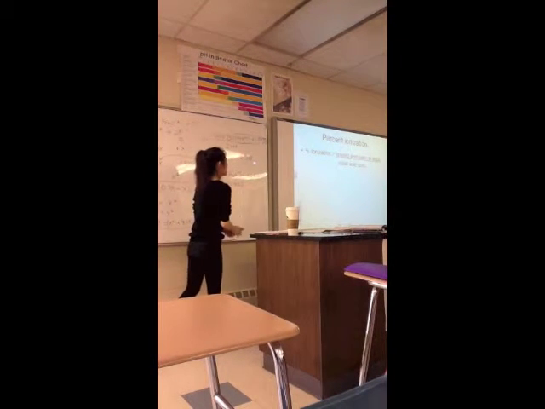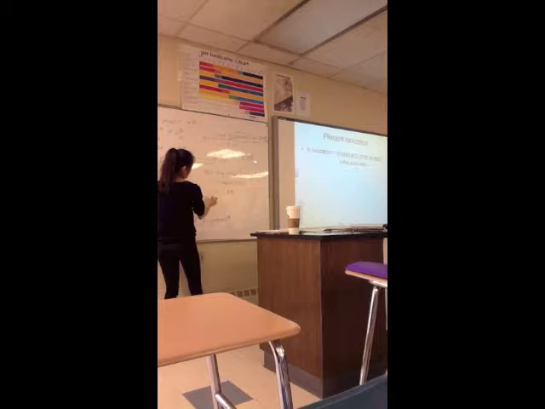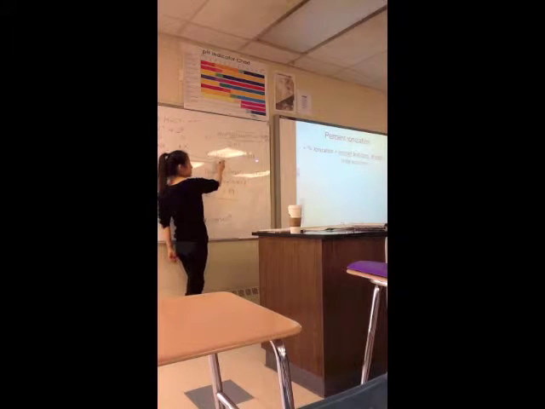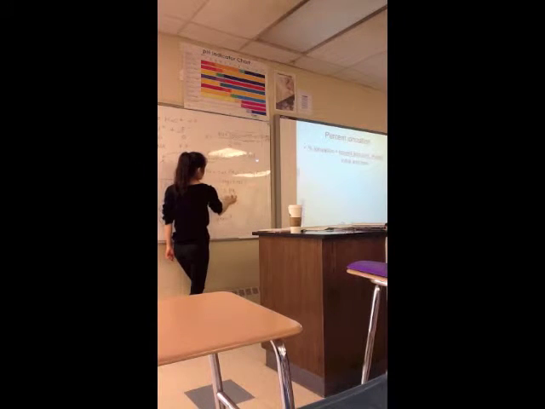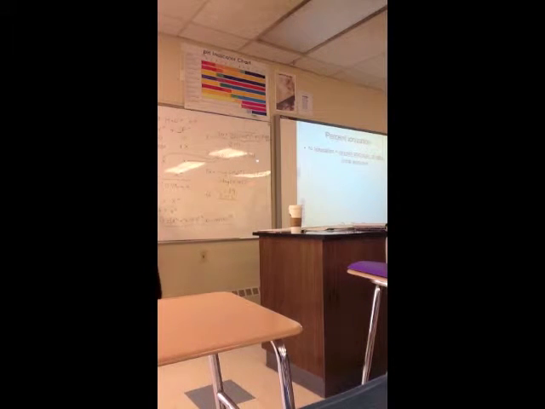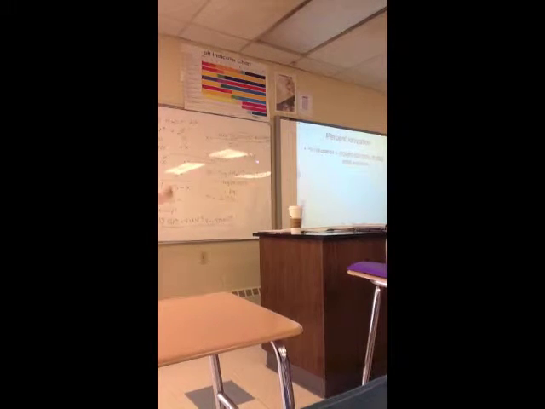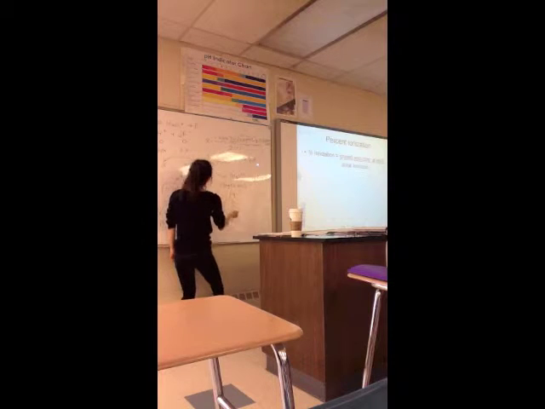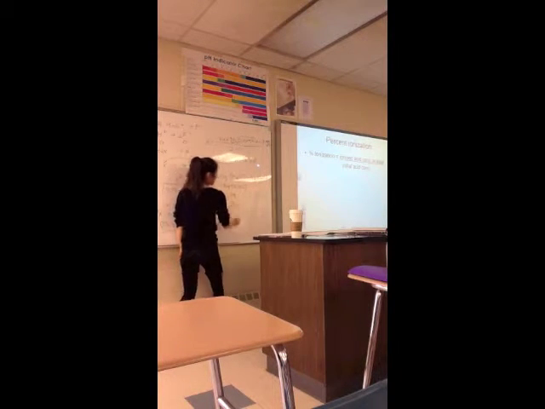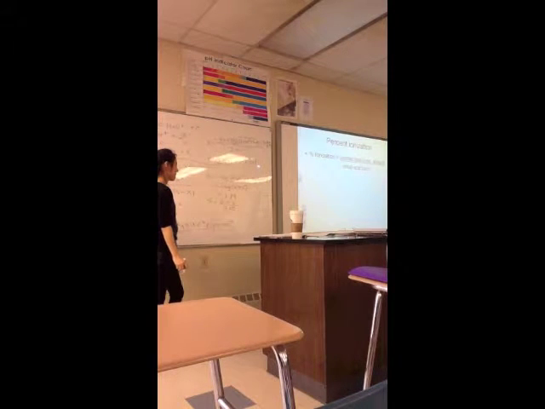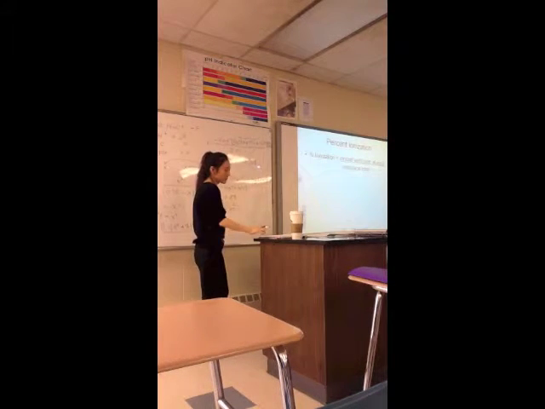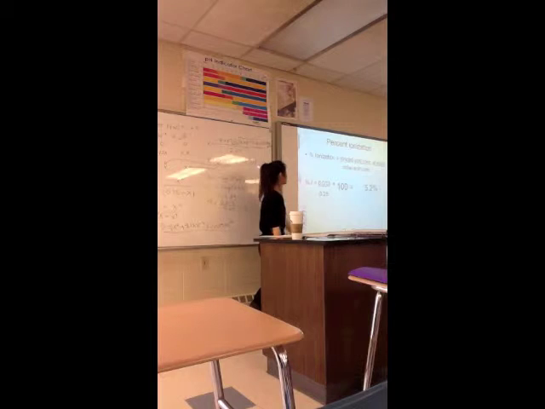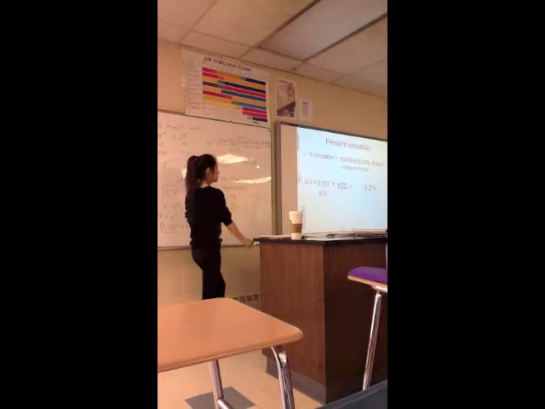So if they ask you for percent ionization, just use the ionized acid concentration, because that's what you had to solve for, 0.013 at equilibrium, over the initial acid concentration, which is the first value given to you in the problem, 0.25. And that will give you 5.2%.